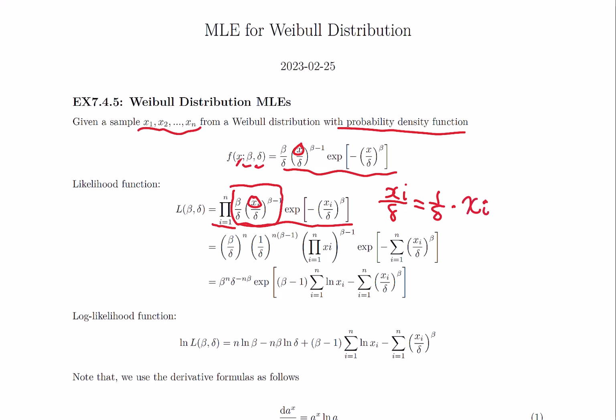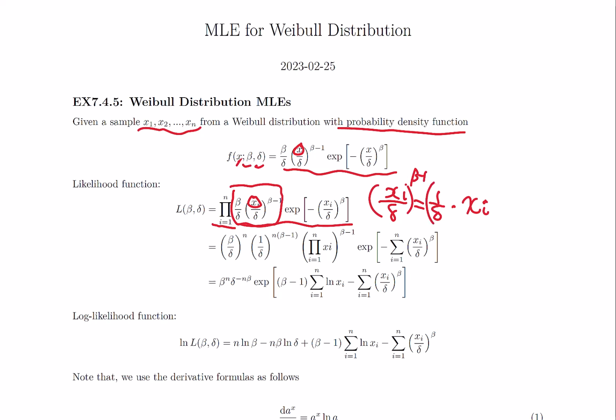So xi still has to stay inside this multiplication sign, but 1 over delta could be taken out, right? Beta over delta to the power n, because each PDF has one term in it. The same thing as 1 over delta to the power beta minus 1.